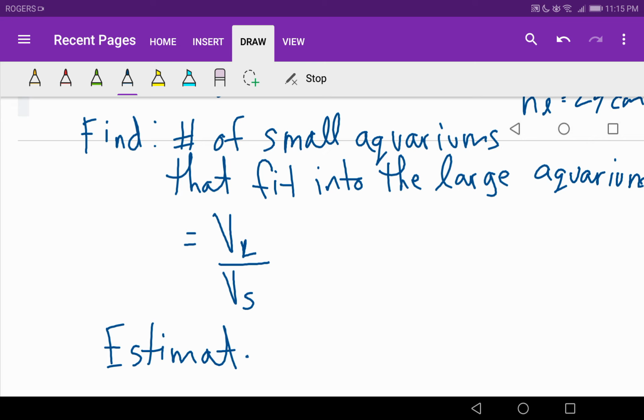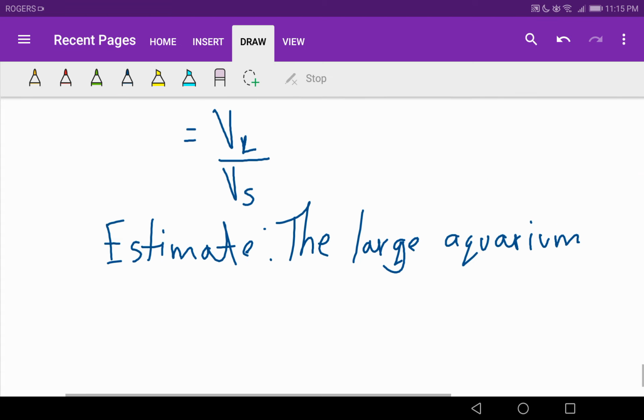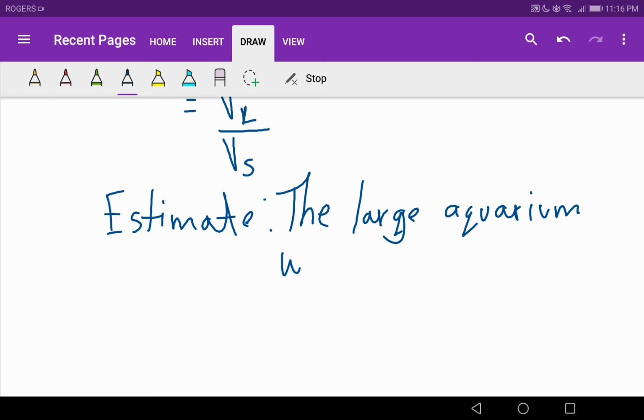Okay, so here's my estimate. I believe that the large aquarium will be 4 times larger than the small aquarium. Four times larger.